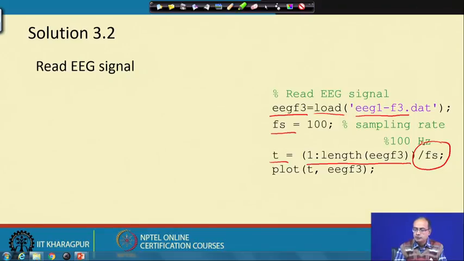So, if we multiply by the sampling interval, we get the value in seconds in the variable t. So, we plot the EEG signal with respect to the time.